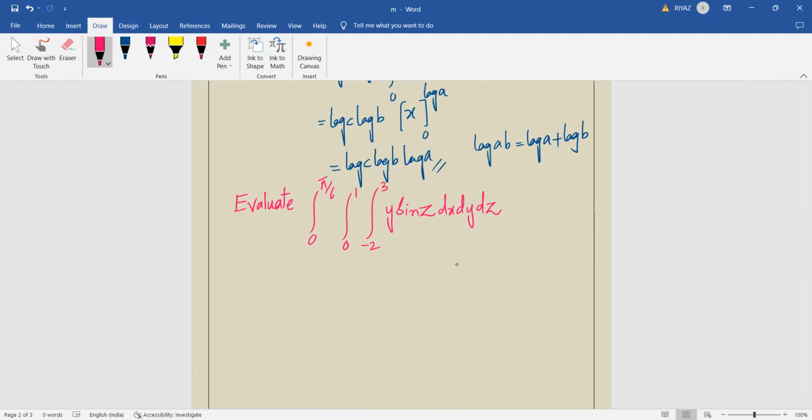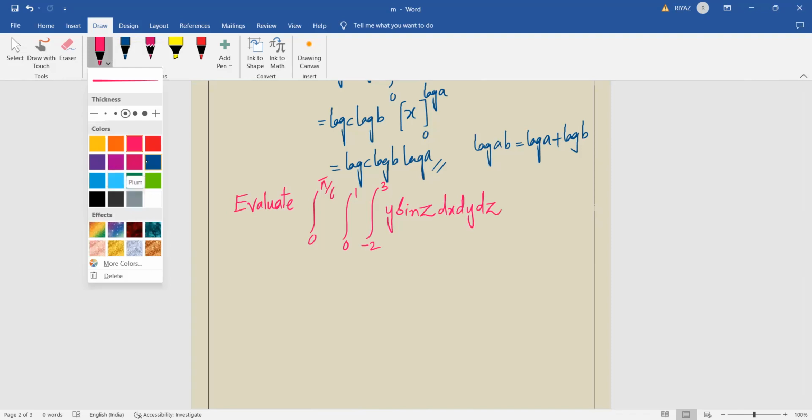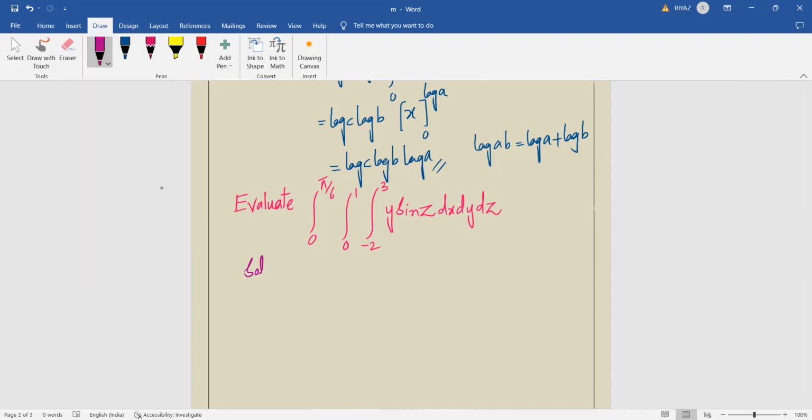So once again, your choice is there. You can integrate with respect to x, with respect to y, with respect to z. You can go anywhere. Choice is yours. Let us assume that this value is equal to I.